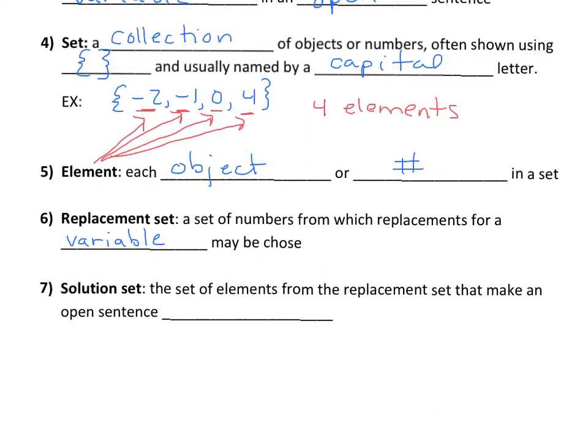The solution set is basically the answer, and we just put it in set brackets. So it's the set of elements from the replacement set that make an open sentence true. Okay, so it's true because one of them is going to work. All right, let's go to the next page.